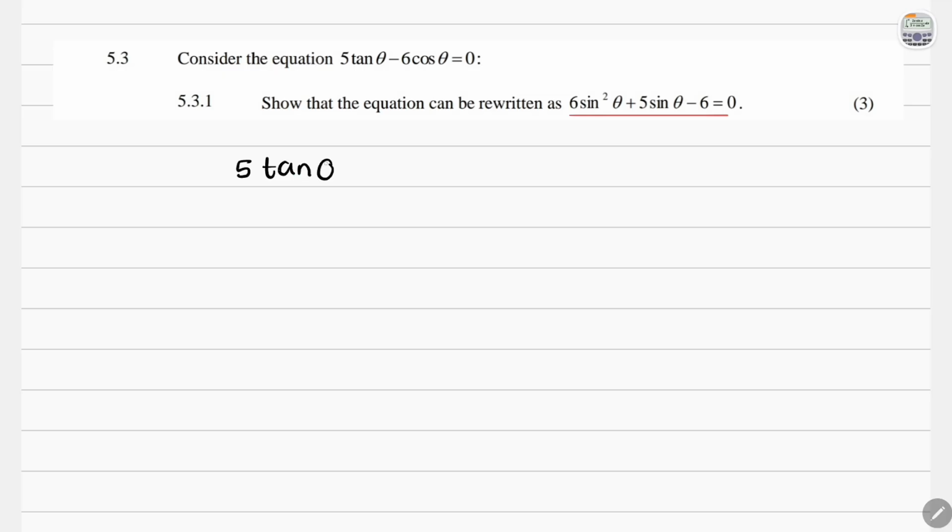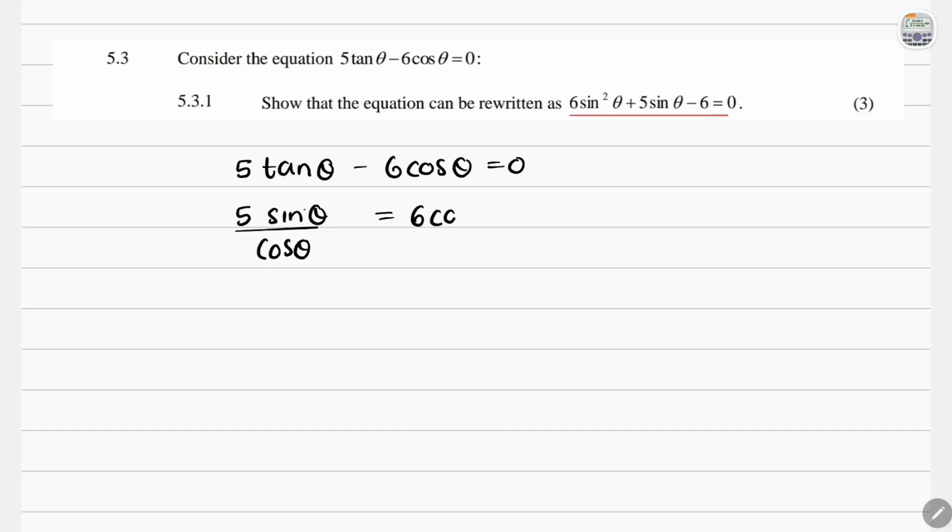So we have 5 tan theta minus 6 cos theta equals 0. We can change that to sine over cos. So this is 5 sine theta over cos theta and is equal to, we can transpose that. Okay, we take this over because we can just straight away cross multiply, and that will get it to be an equation that doesn't have a fraction.